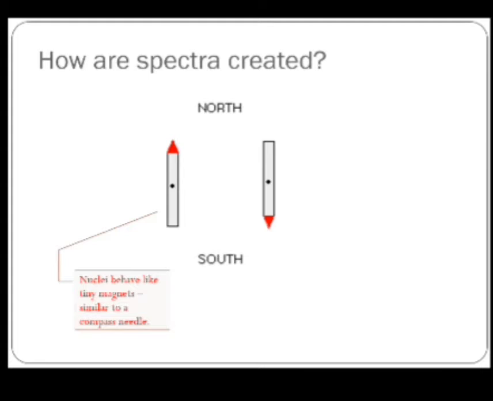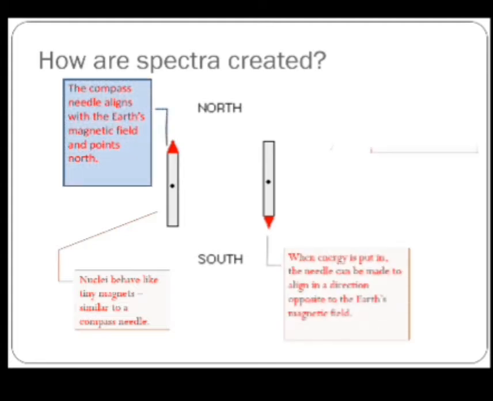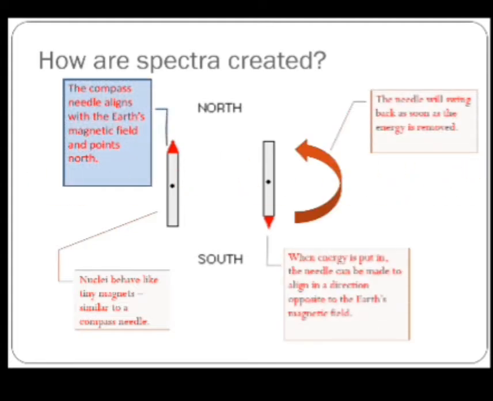So let's consider that the proton and the nucleus are like a magnet. A compass needle aligns with the earth's magnetic field and points north. Nuclei behave like a tiny magnet, similar to a compass needle. Look, this is the north and this is the south pole.